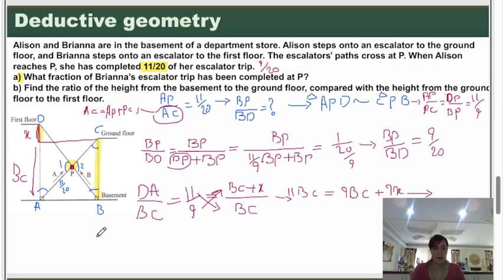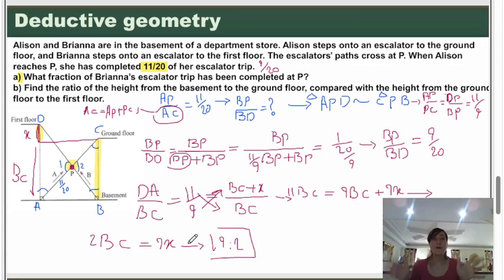So I find that 2 BC equals 9X. So the ratio of the height from the basement to the ground floor to the height from the ground floor to the first floor is 9 to 2. We are done with the whole problem.